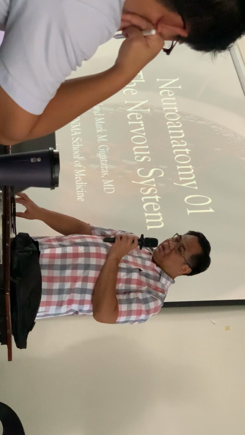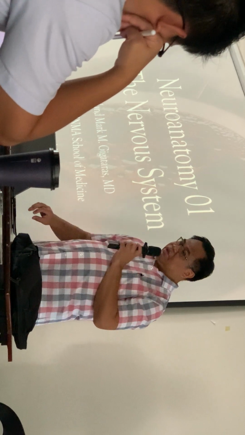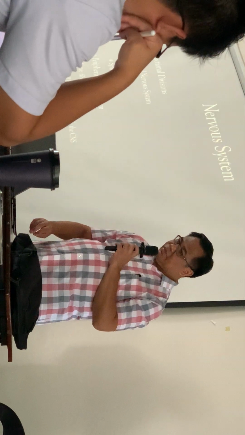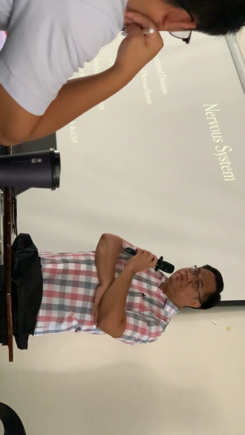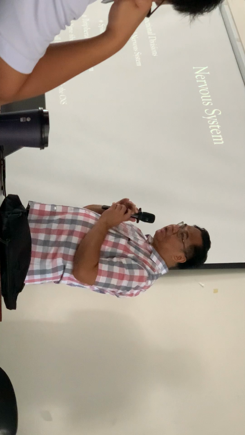So the first one will be generalities of the nervous system. Okay, so we have two functional divisions of our nervous system. We have the central and then the peripheral nervous system. When we say central nervous system, we mean the brain and the spinal cord.